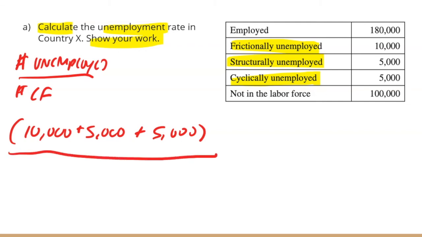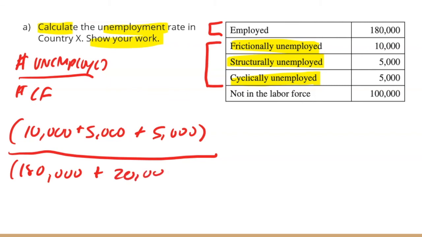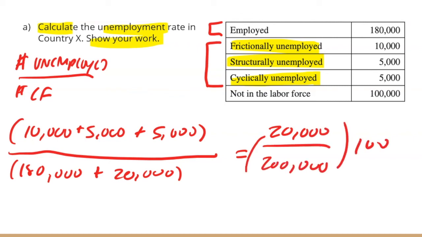Well, remember, our labor force is both the people that are employed and the people who are unemployed. So it's going to be 180,000 plus the 20,000 people that are unemployed here. So at the end of the day, this should get us to 20,000 divided by 200,000 times 100, which should get us to about 10%. So here, the unemployment rate in country X is about 10%.